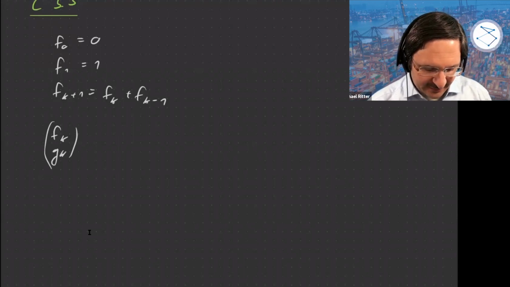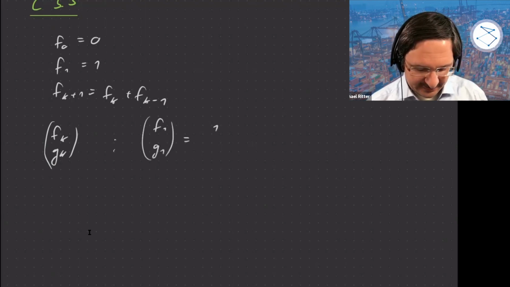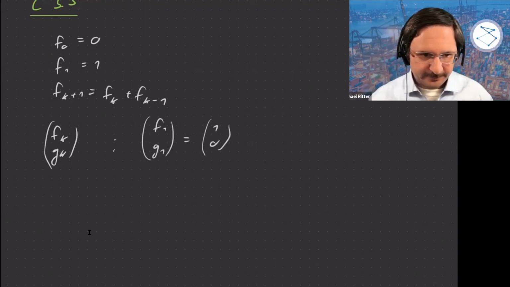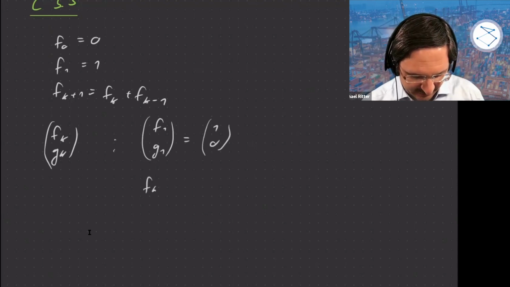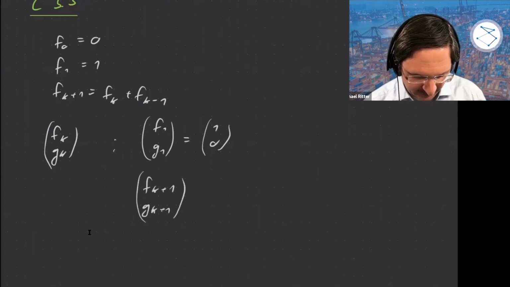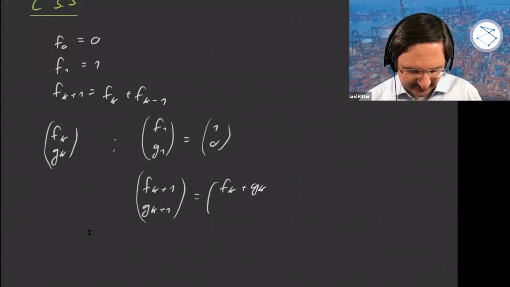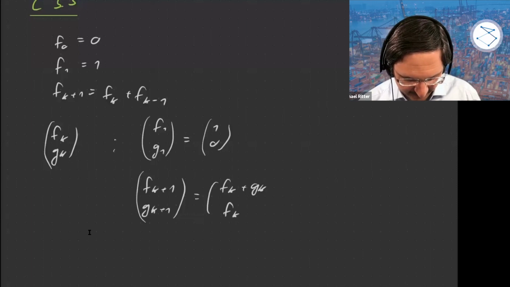And I define that again recursively by saying (f_1, g_1) is defined as (1, 0). And (f_{k+1}, g_{k+1}) is defined as, well, the first is defined as f_k plus g_k, and the second is defined as f_k.